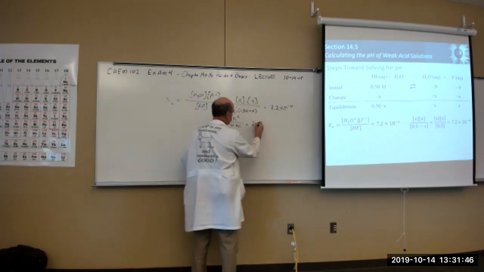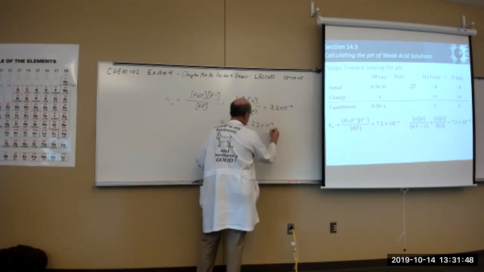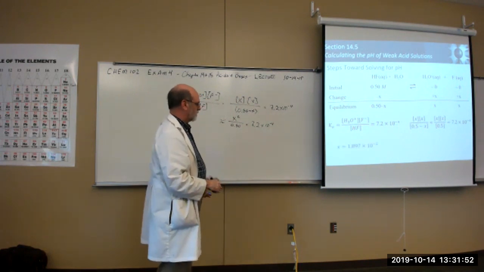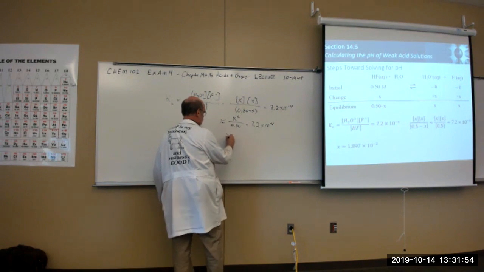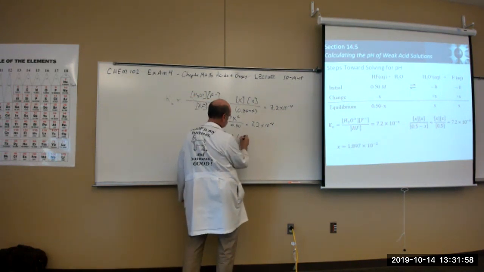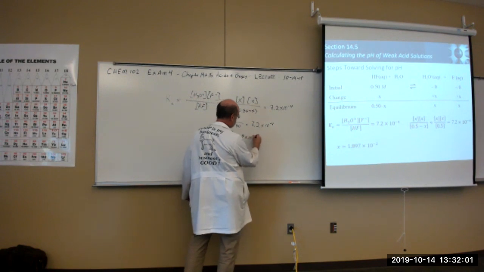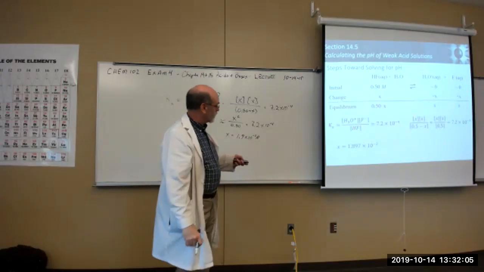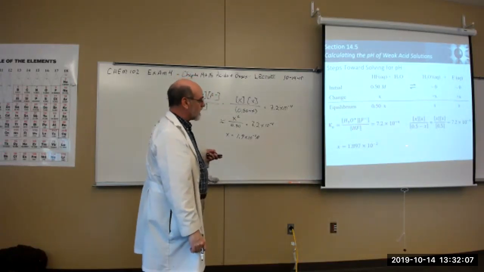is equal to 7.2 times 10 to the minus 4. And then we solve for X, and we get X equal to 1.9 times 10 to the minus 2 molar. And let's go back up here and say, what was the question? What's the pH?